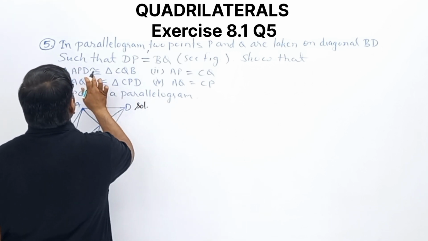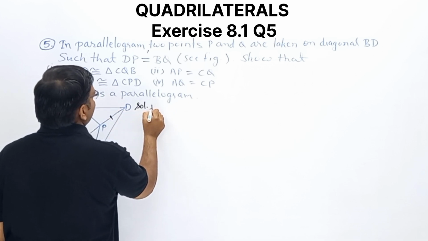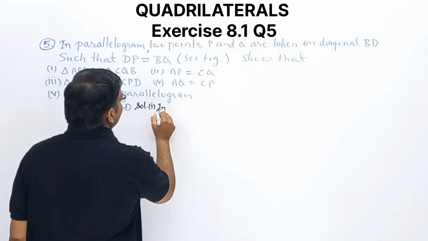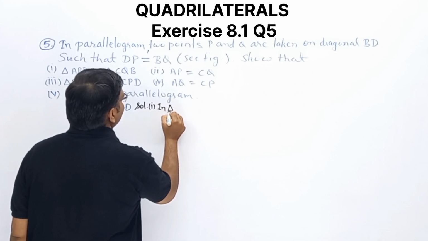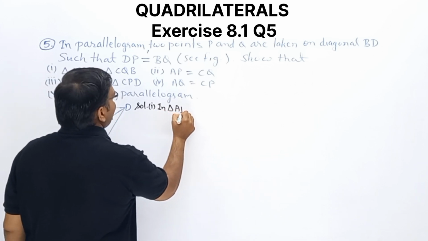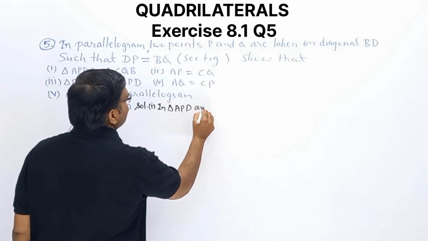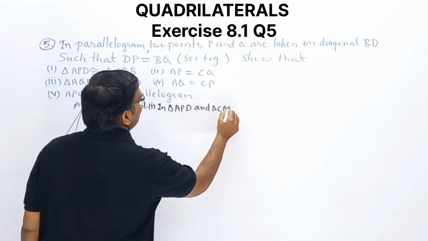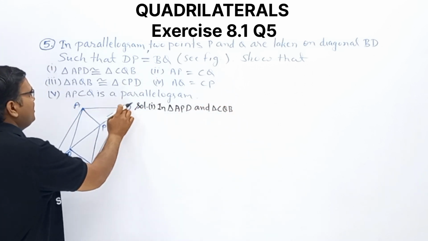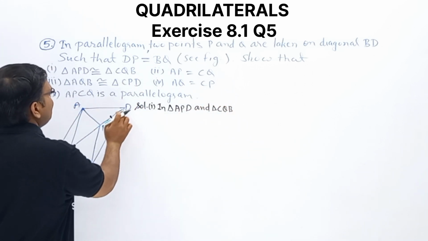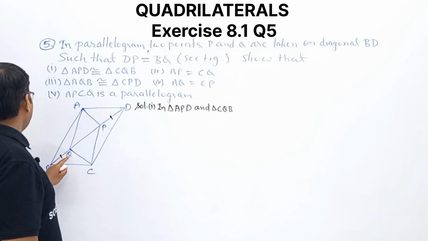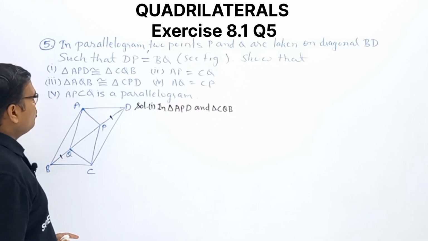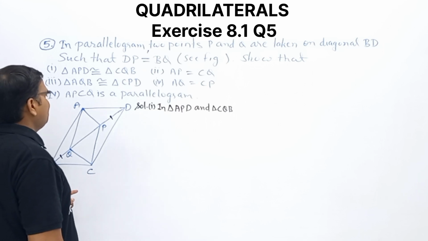First I am taking this first one. So in triangle APD and triangle CQB, in these two triangles we want to show congruent, so we equate three things.